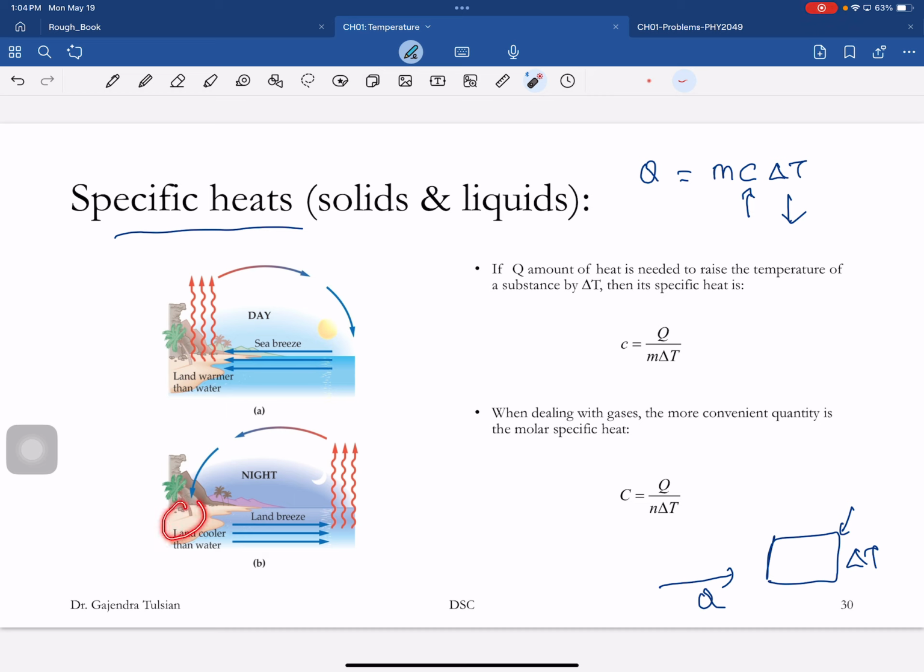At night, the land gets cooler faster. The water holds heat; you need to remove a lot of heat to cool down water. So this is warmer, and this air rises, you have a higher pressure here, and you have a breeze flowing like that.